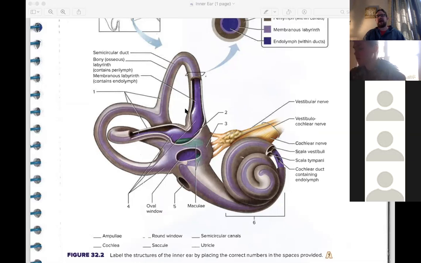The reason is that when you spin that quickly, you're moving faster than the fluid can keep up with. So once you stop moving, the fluid in those semicircular canals is still moving and stimulating those ampullas. Even though you're standing still, it feels like you're in motion. So that's what's going on there.